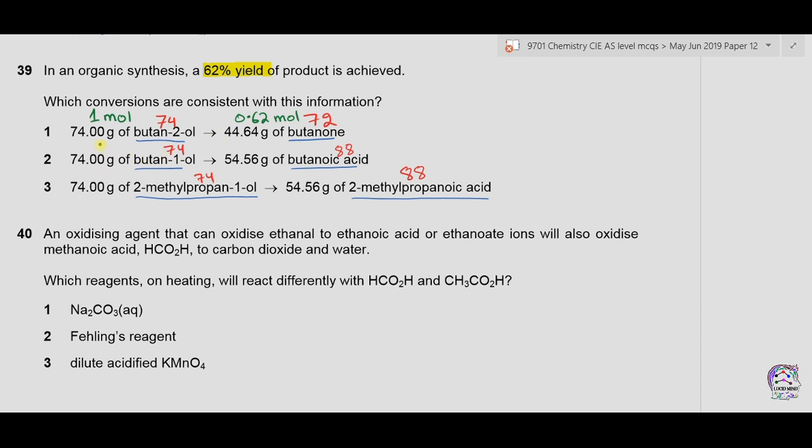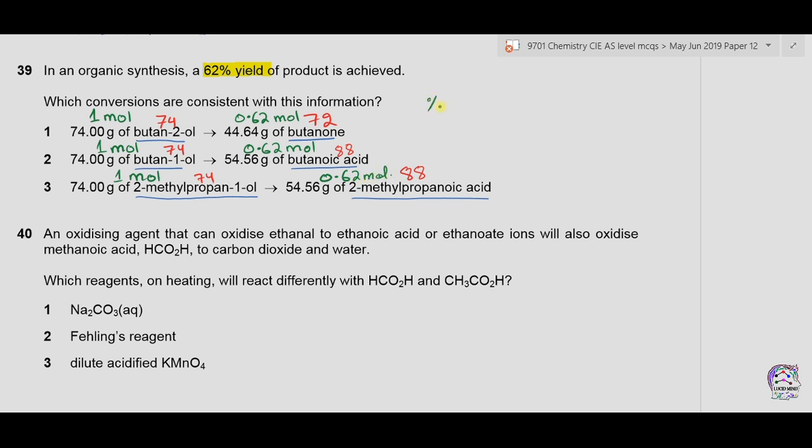For butane 1-ol again we have 1 mole. For butanoic acid we have 0.62 moles. For this one we have 1 mole. And for 2-methylpropanoic acid we have 0.62 mole.